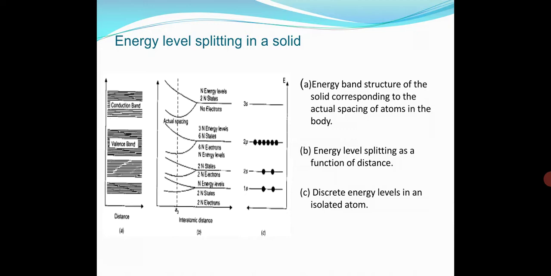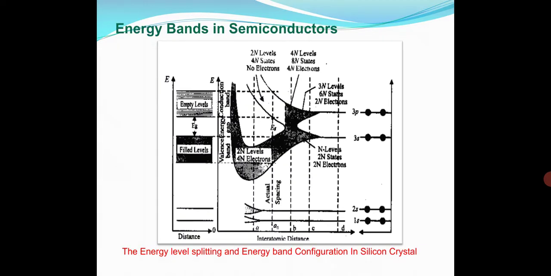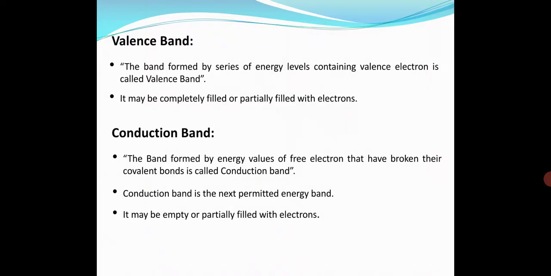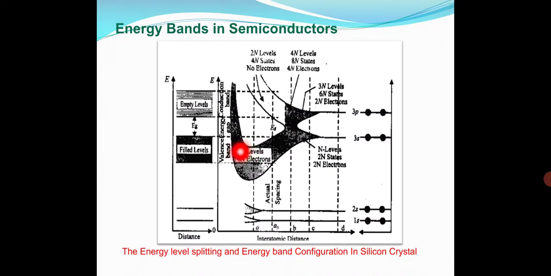The energy band structure of the solid corresponding to the actual spacing of atoms in the body is given in figure A, energy level splitting as a function of distance is given in B, and discrete energy levels in isolated atoms are also shown. Now in energy band diagrams, the energy level splitting and energy band configuration of silicon is given over here. Here there are filled energy levels and empty energy levels.